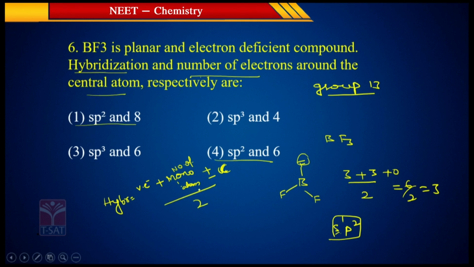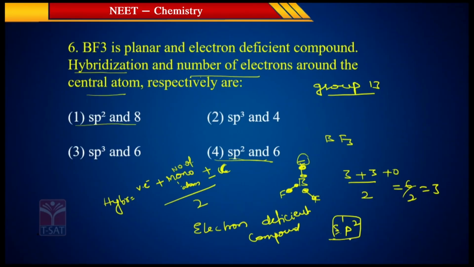How many electrons are present around the boron? See, boron has 6 electrons, 1, 2, 3, 4, 5, 6. So, sp2 hybridization, 6 electrons, and it is an electron deficient compound because it does not have an octet configuration.